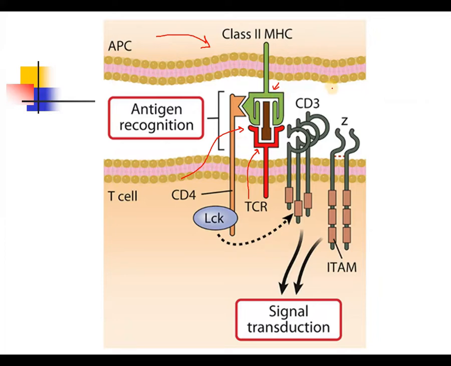We've got our 3-protein complex CD3 molecule, and we have our zeta homodimer. Both of these are involved in signaling. You'll notice they're showing signaling transduction here. And the CD4 T cell actually can be involved in signaling as well.